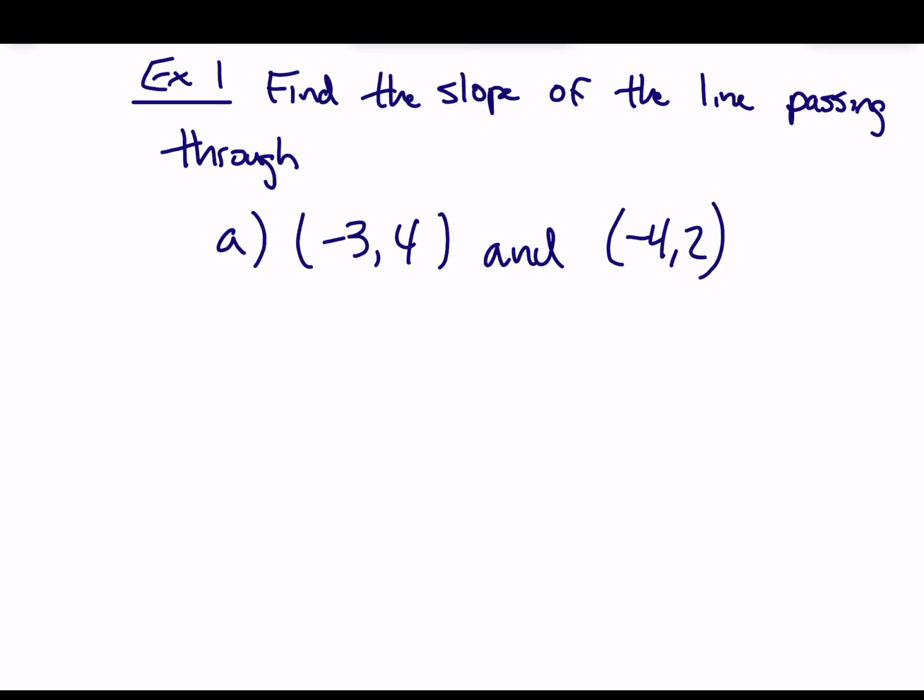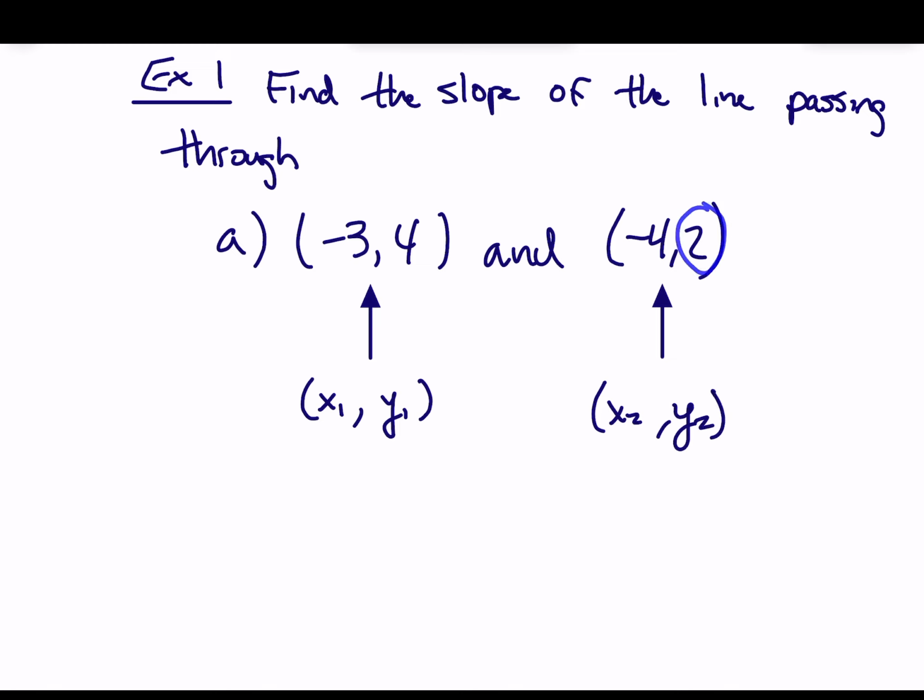Now it doesn't matter which one we choose as x1, y1 and which one we choose as x2, y2, but I'm going to let this first one be x1, y1, and the second one be x2, y2.